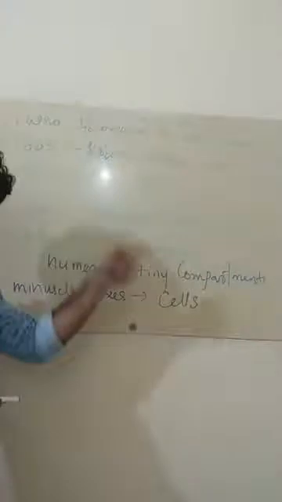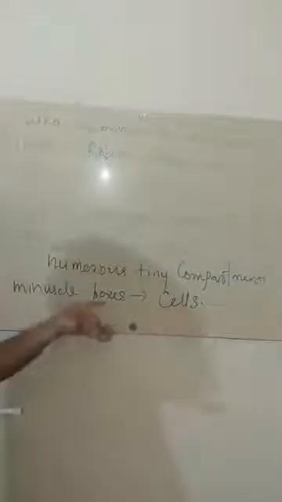So this is the answer. Who discovered cells and how? In 1665, Robert Hooke discovered cells while examining a thin slice of cork through a self-designed microscope, and he observed that the cork resembled the structure of a honeycomb consisting of numerous tiny compartments, and the minuscule boxes are referred to as cells.